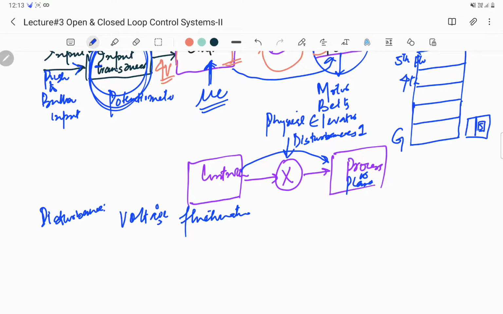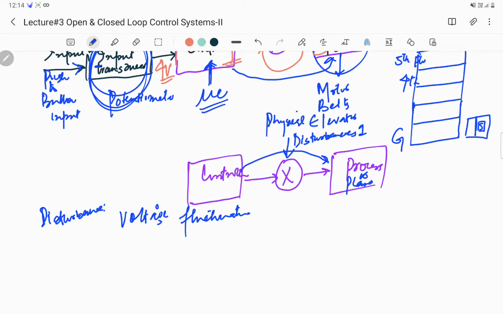For example, sunlight entering an air-conditioned room can be treated as a disturbance for that system. Now, another example. Say we have an antenna positioning system wherein we try to rotate an antenna by some angle, say 30 degrees.